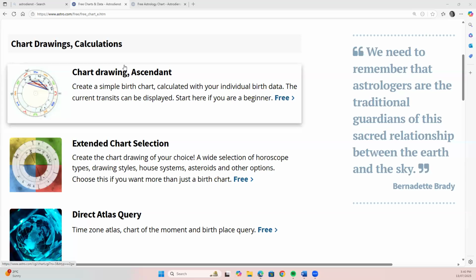You can use any website that generates free birth charts. There are many, many different ones out there. I've chosen astro.com, because it just creates a simple birth chart, and there are some features in it which are quite useful for you, particularly if you're new to astrology.